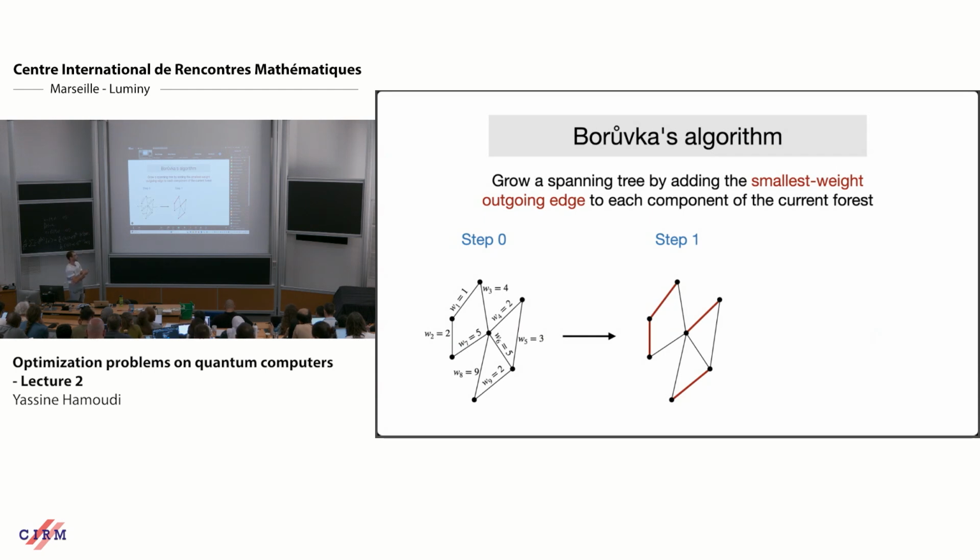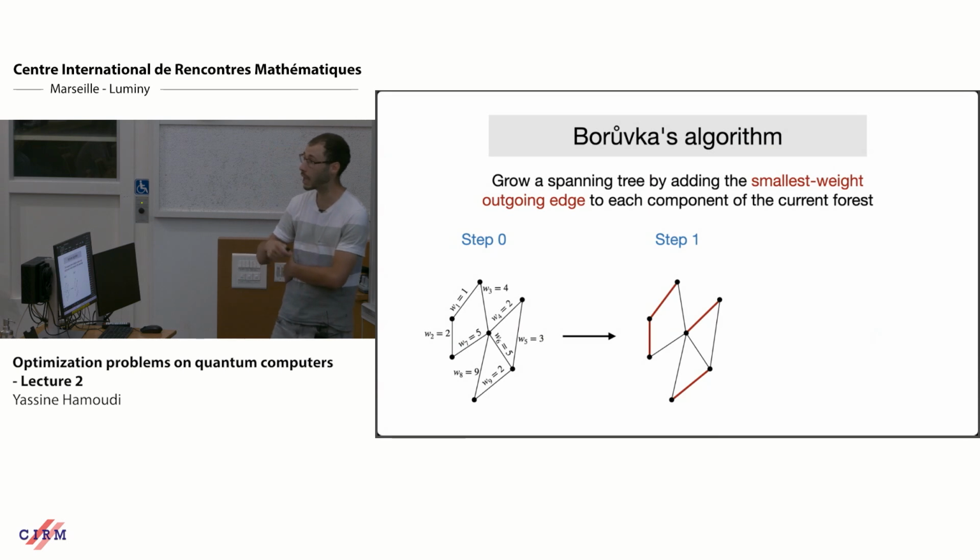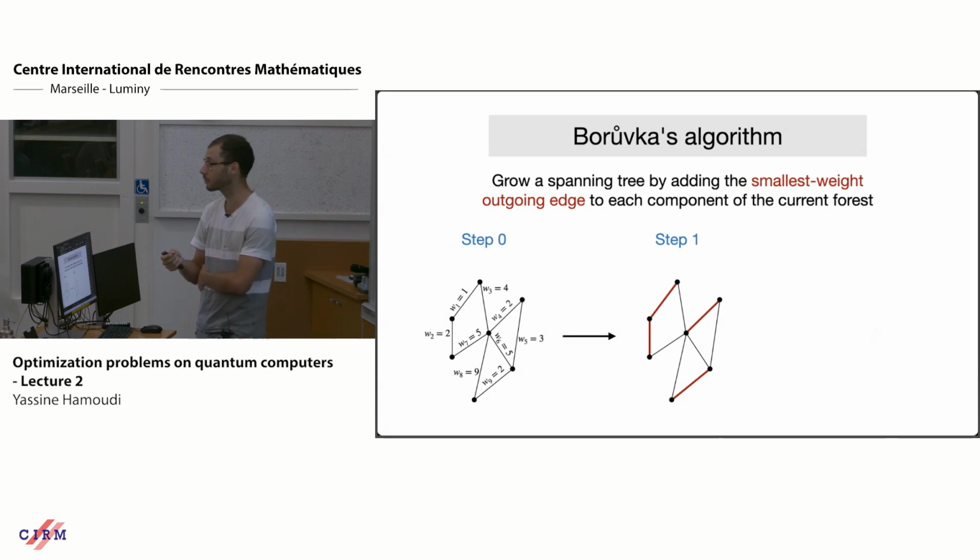And now we repeat. How do we repeat? Well, we look at each connected component in red, and we look at all the outgoing edges from that component. For instance, for the component on the left, there are two outgoing edges. One is of weight 4, and the other one is of weight 5. And for each connected component, we add the edge of minimum weight.